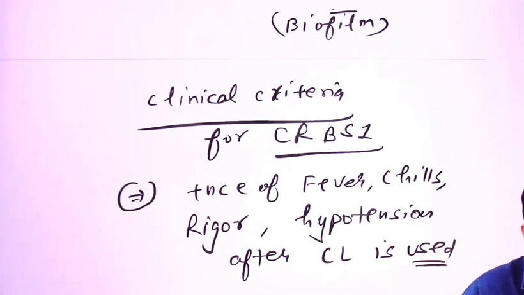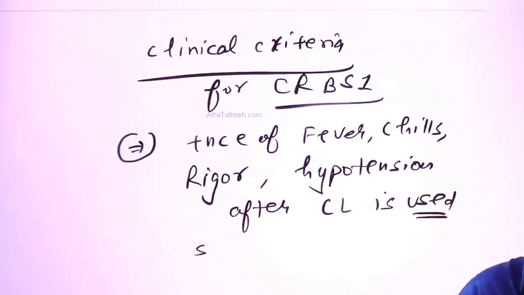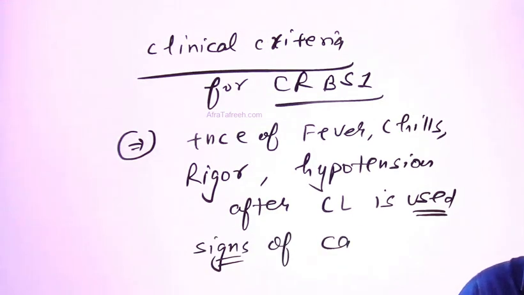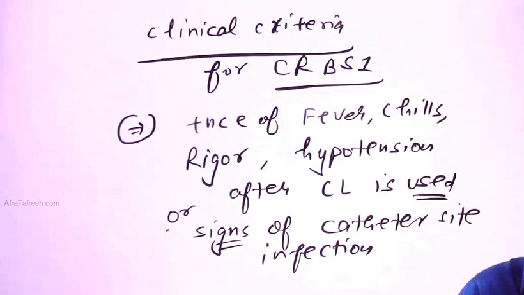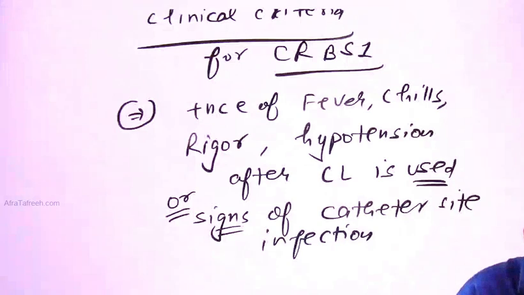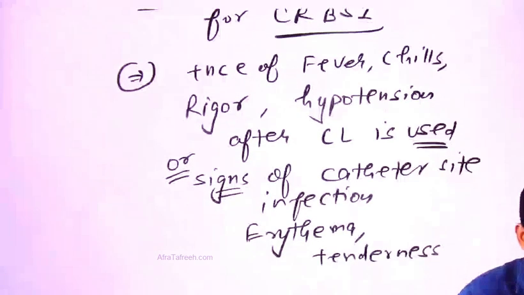That particular episode happens after the central line is used, and there are also signs of catheter site infection. The signs are there, like erythema and tenderness at the insertion site or the catheter exit site.